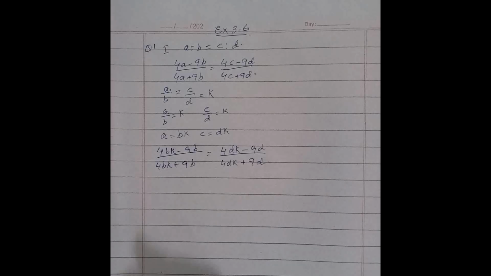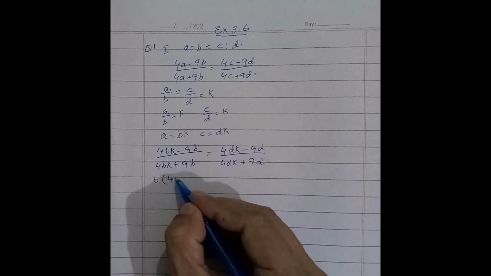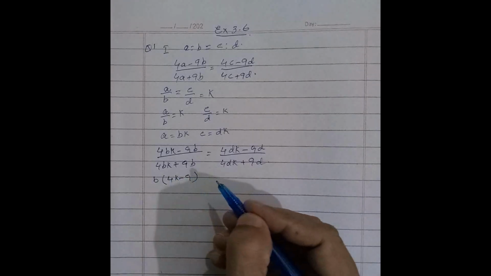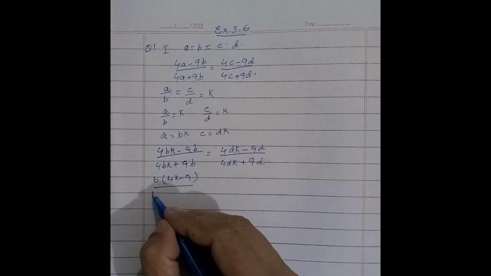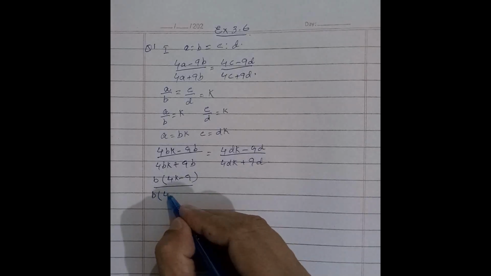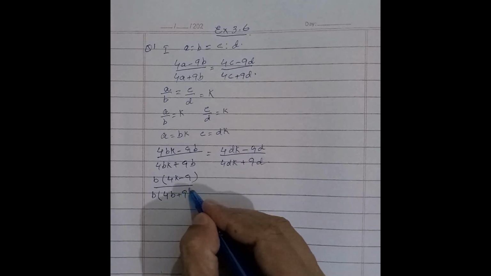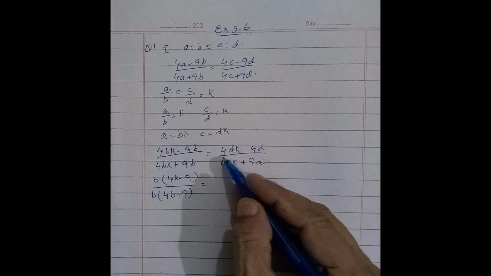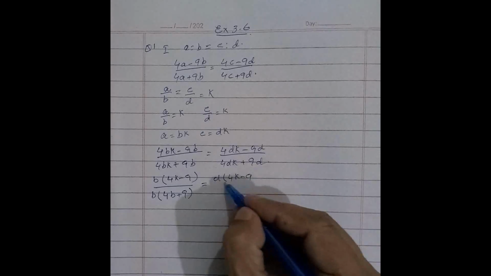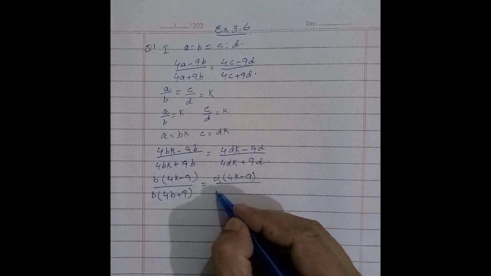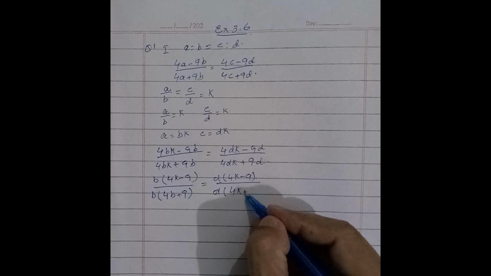Now solve this by taking B common. The remaining values are 4K minus 9 over, taking common B, 4K plus 9, is equal to, taking D common here, 4K minus 9 over, D common, 4K plus 9.